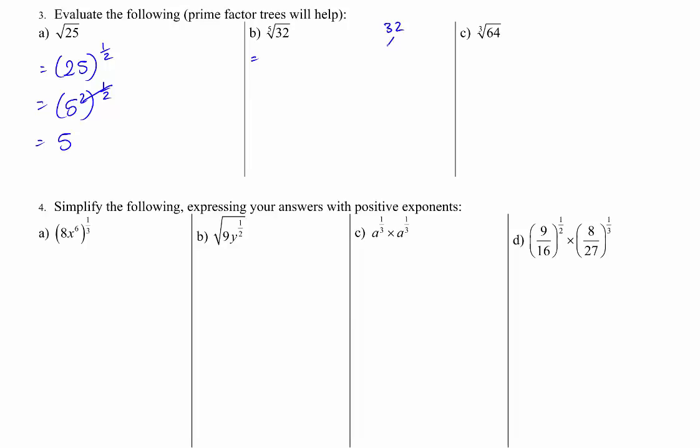32 in terms of prime factors, we can split it up. 32 divided by 2 is 16. So 2 and 16. Then the 16 can be 2 and 8, 2 and 4, 2 and 2. So 32 is the same as I have 1, 2, 3, 4, 5 2s. 2 to the power of 5.